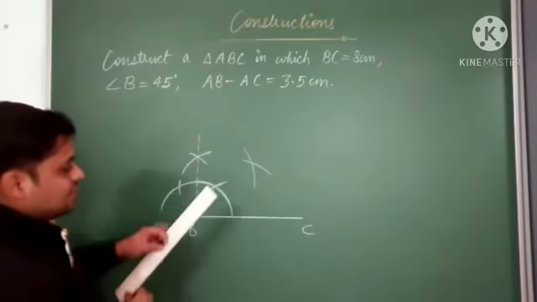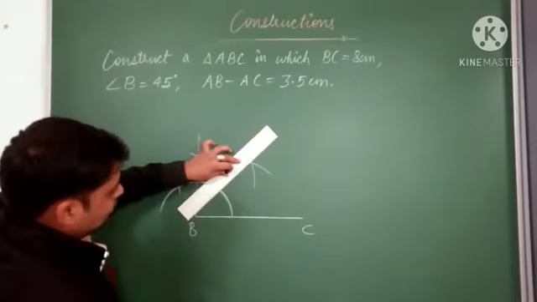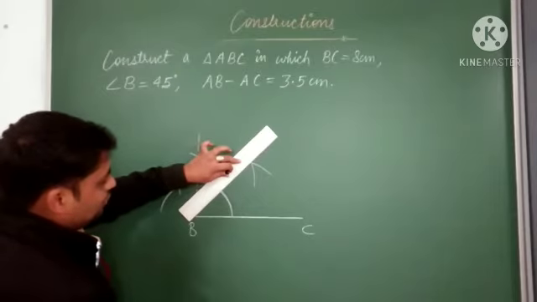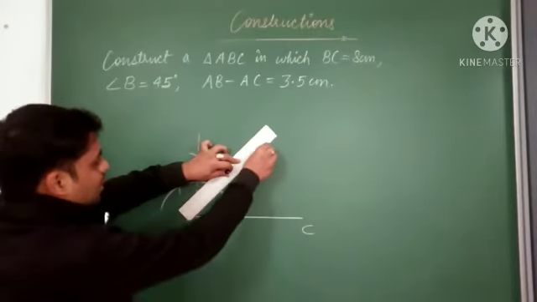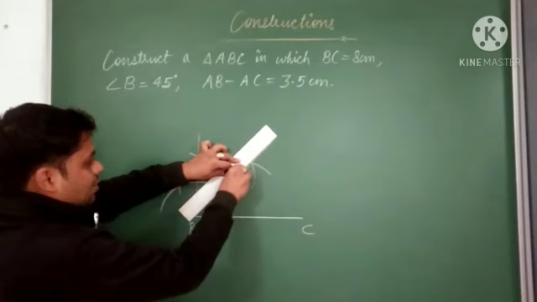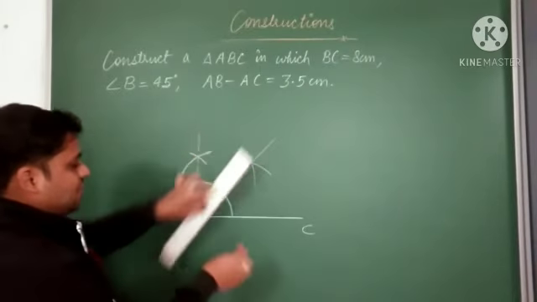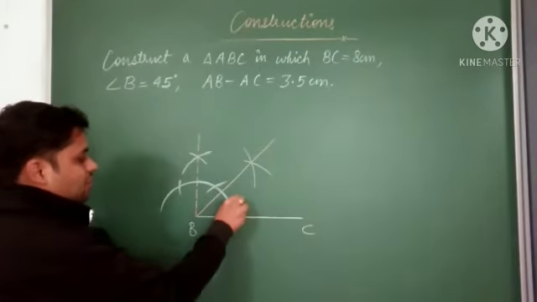Both the arcs will intersect at a point and this intersecting point will be joined to the initial point B. We will get this angle, which is 45 degree.